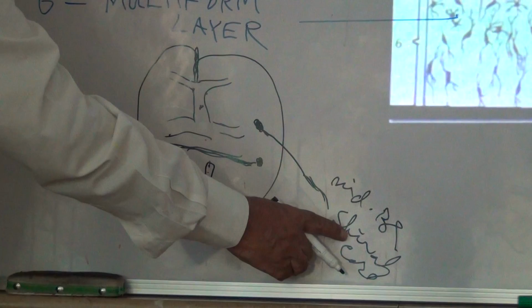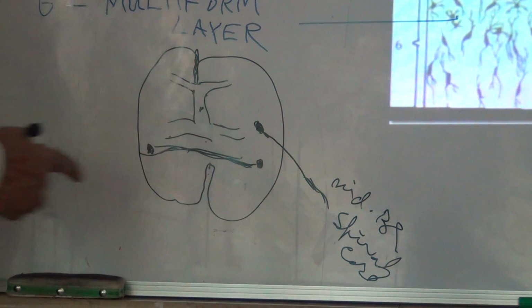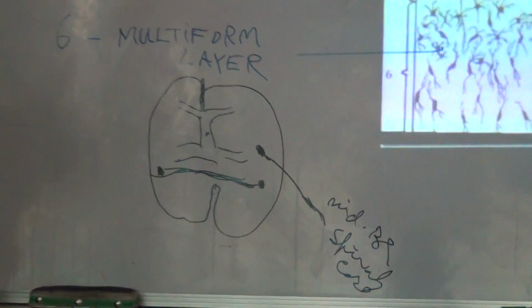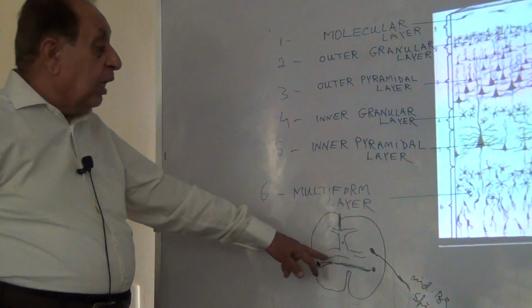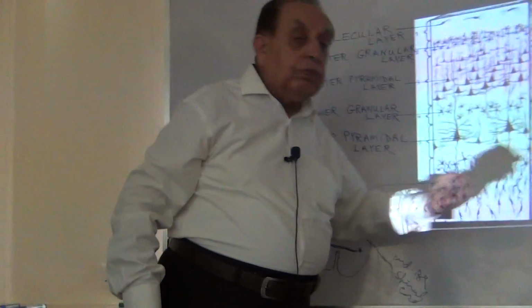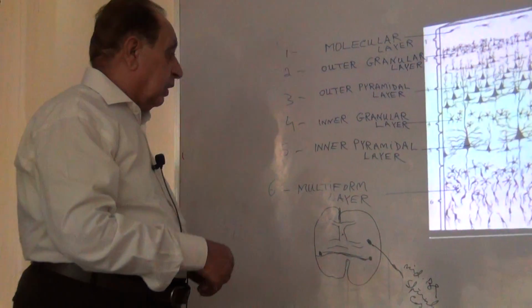So the fibers arise from here, or they come from the outer side and reach a site in the cerebral hemispheres. These type of fibers are called projecting fibers.